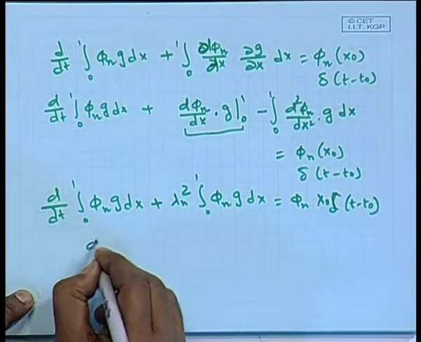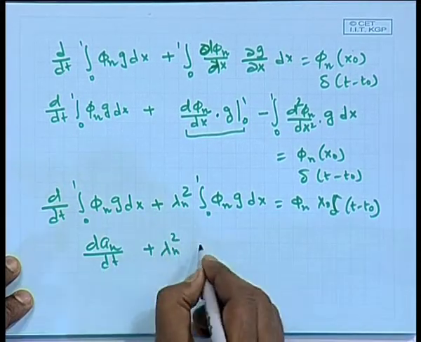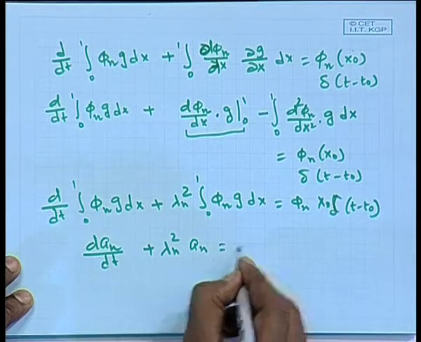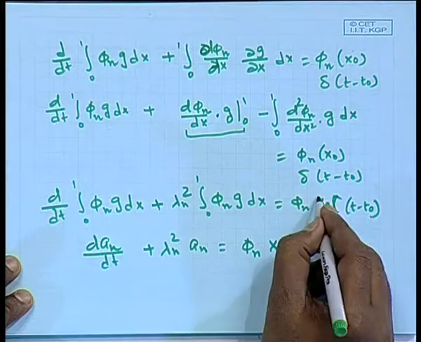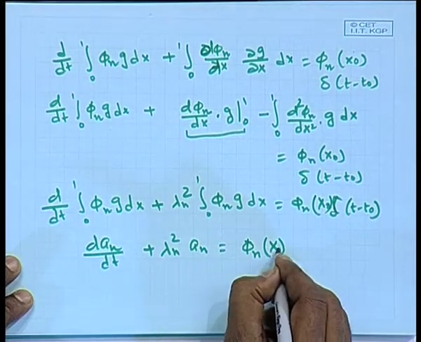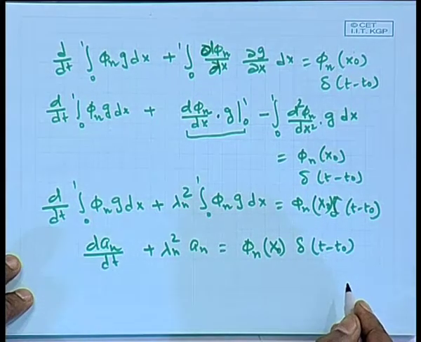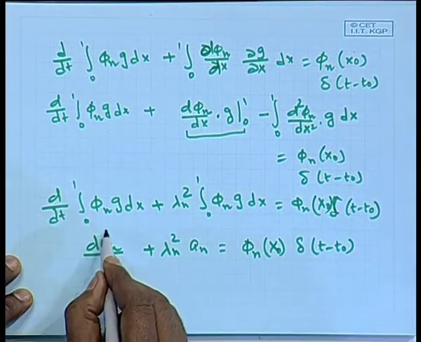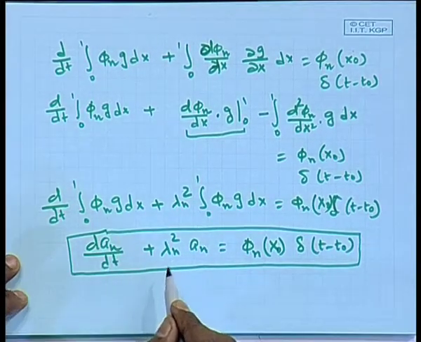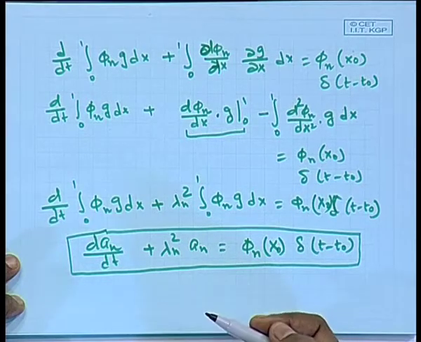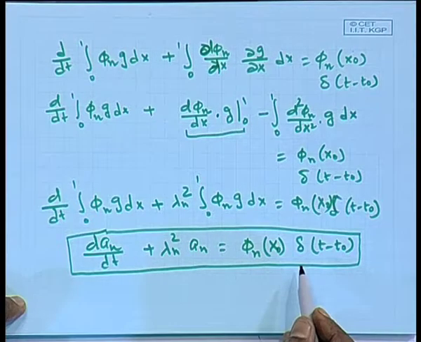So this becomes d a n dt plus lambda n square a n is equal to phi n at x naught delta t minus t naught, right. So this is the governing equation to estimate a n. If a n is estimated, then you can estimate the Green's function as well. That is right.